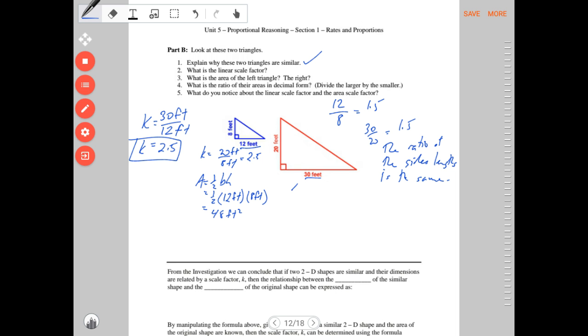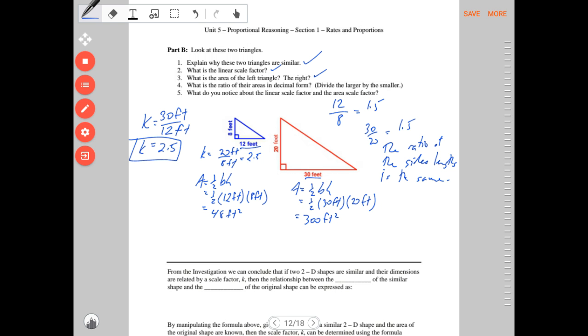Okay, the area of the larger triangle, 1/2 base times height again. So 1/2 times 30 feet times 20 feet. When I multiply those together, I get 300 square feet. Perfect. Okay, so that is the number 3.